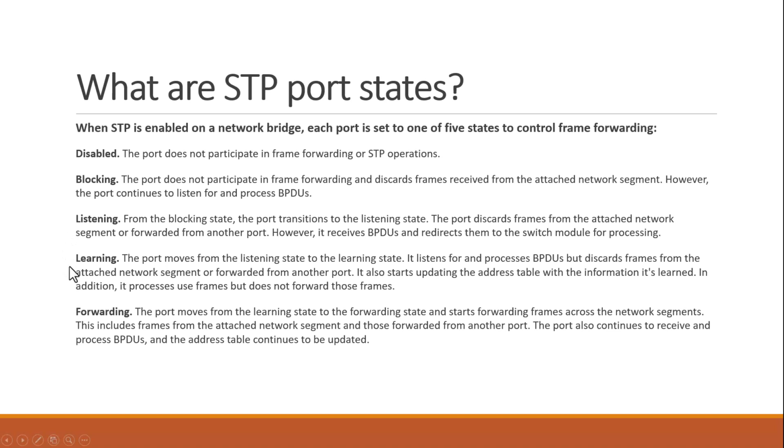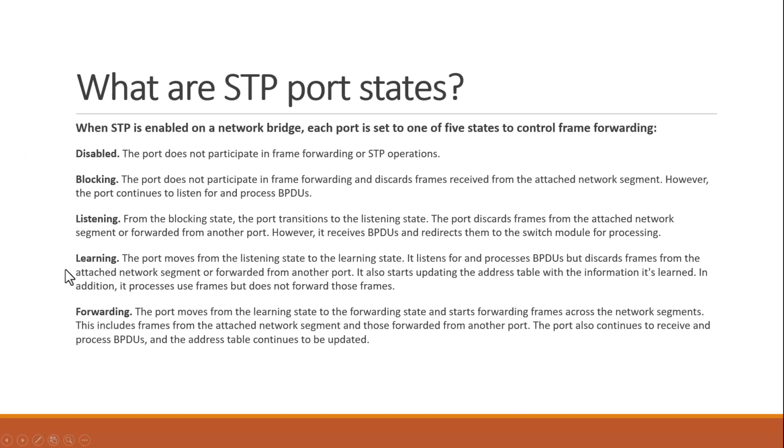When the BPDU is received and processed, the switch will decide to change the state of the port, and the port goes from the listening to the learning state. In the learning state it again doesn't forward any traffic, to prevent loops, but it decides to change the port state to either blocking or forwarding.